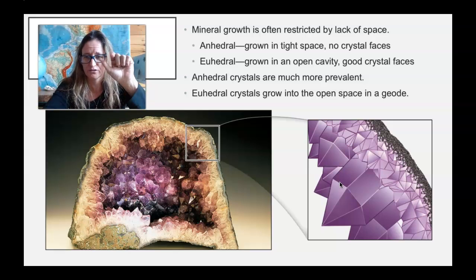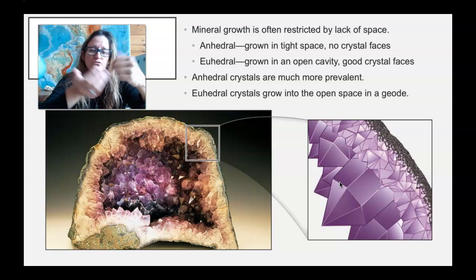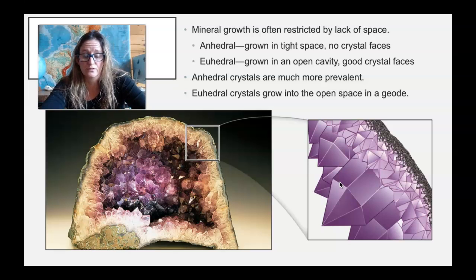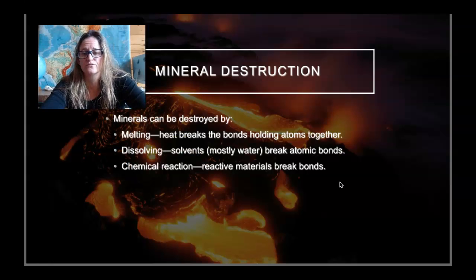Euhedral, that prefix "eu" means good, so those are good crystal faces. "An" means not, so there's no crystal faces. So we would look at a crystal and say, is it anhedral or euhedral, depending on how well you can see those crystal faces. So the example here is a euhedral crystal. We can see those crystal faces.